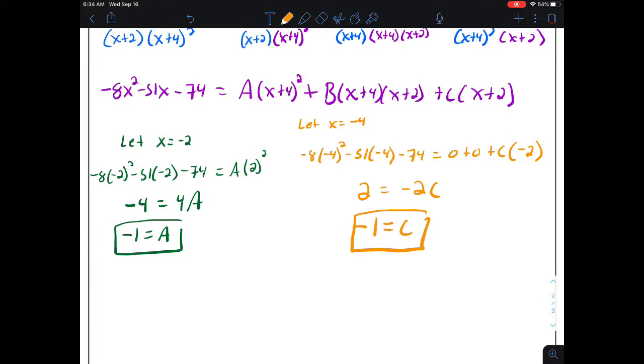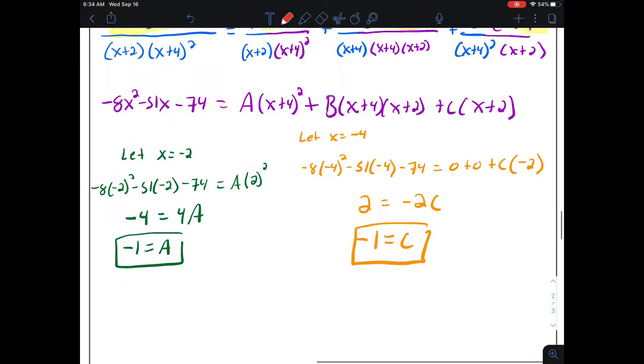We get -1 to be c. Now, notice how we still haven't found b. And this almost always happens when you have one of these factors being squared: you run out of zeros.